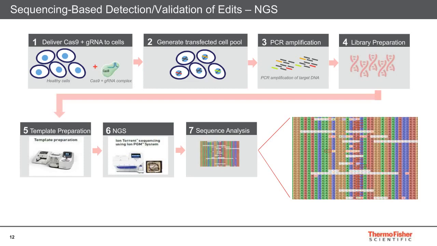And you can see there are numerous insertion deletion events that are centered around the cut site. Getting an understanding of the frequency of these events can guide us in our downstream work.